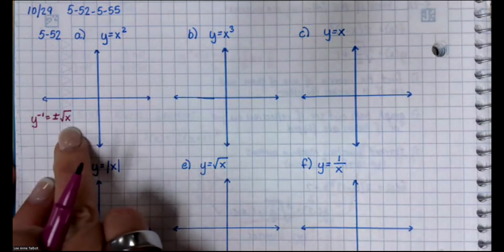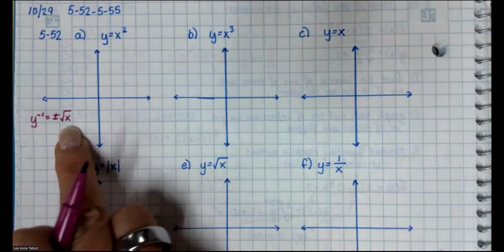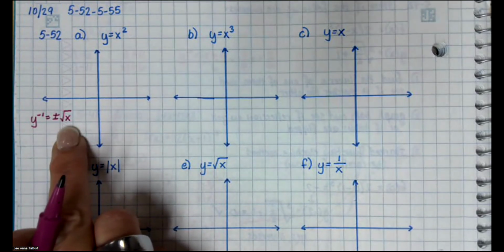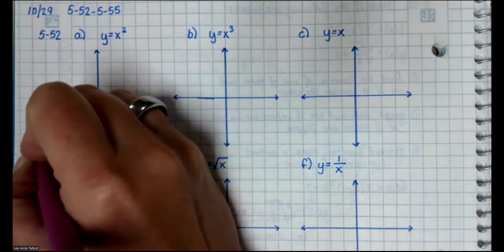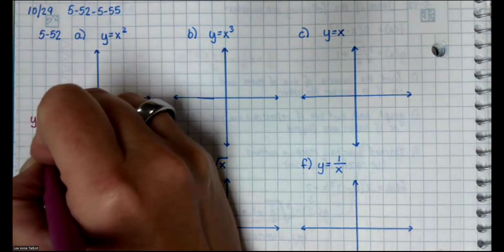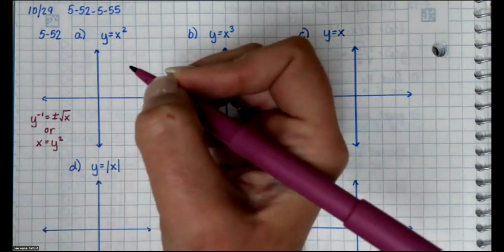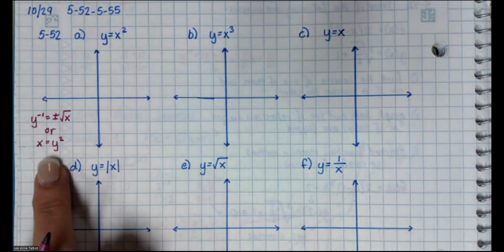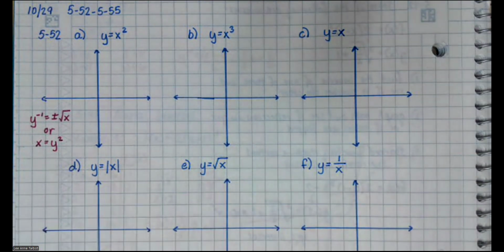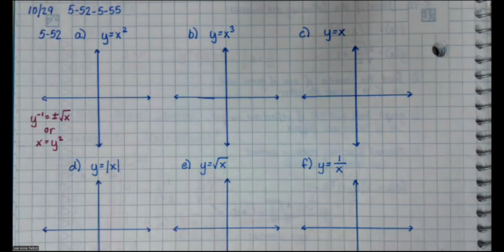This is what you would find if you did our math 3 style with the forward steps and backward steps. Does that make sense, you guys? Or you could write it x equals y squared. That's the parent graph for a sleeping parabola, but those will be the same thing. This one's kind of nice for graphing calculator purposes.